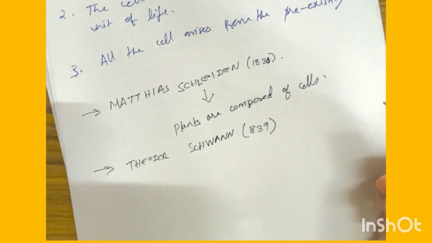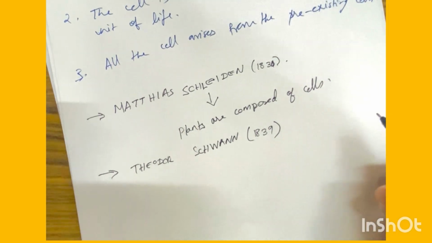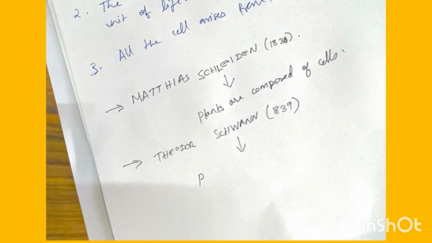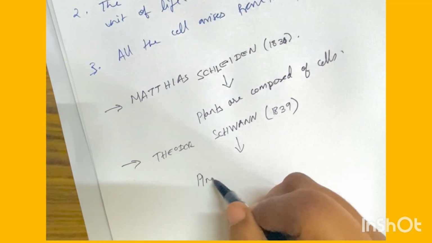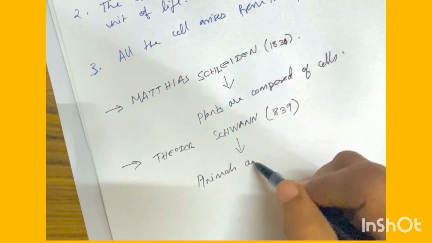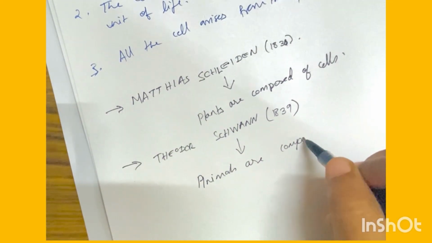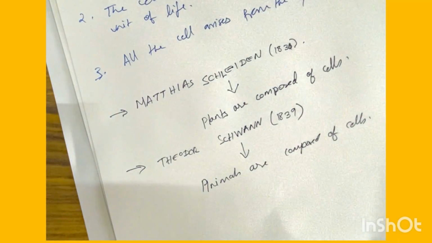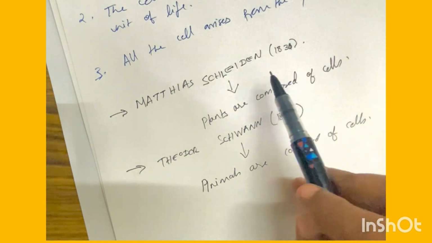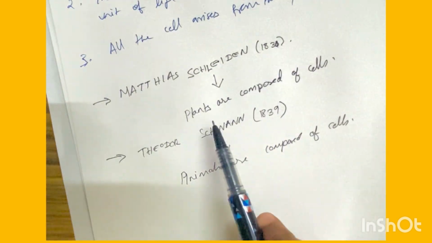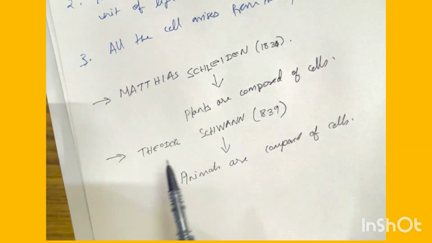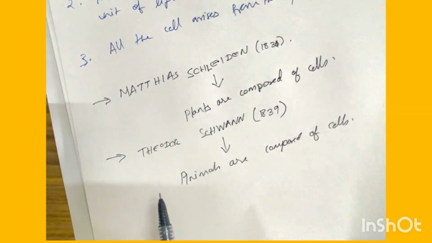Theodor Schwann in the year 1839 proposed that animals are composed of cells. So let me repeat, Matthias Schleiden in the year 1838 proposed plants are composed of cells, and the immediate next year 1839 Theodor Schwann said animals are composed of cells.